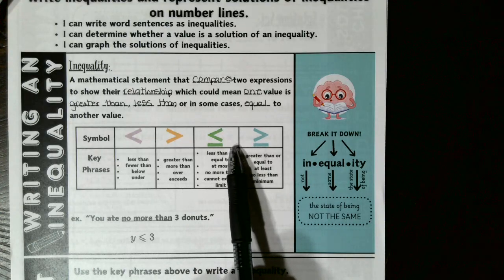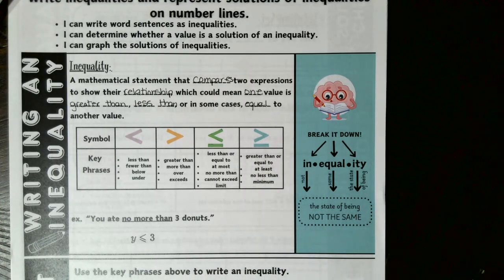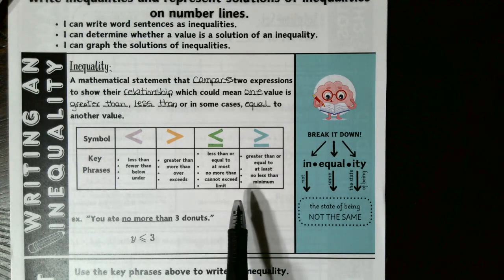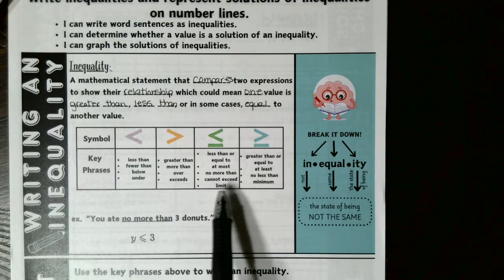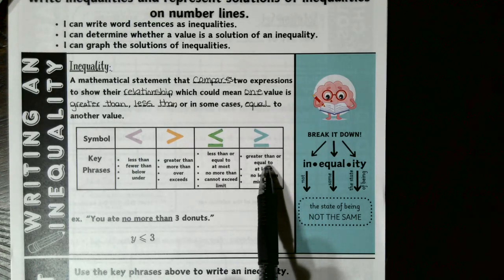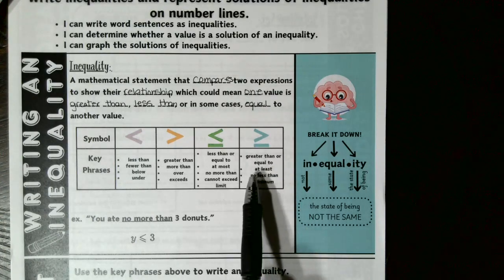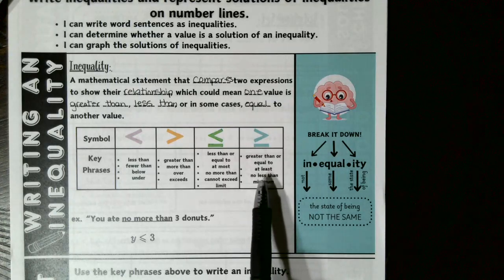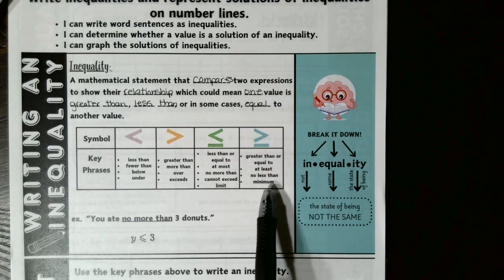This one is most commonly less than or equal to, but you might also see at most, no more than, cannot exceed, limit. This one is most commonly called the greater than or equal to sign, but you might also see in your word sentences at least, no less than, minimum.